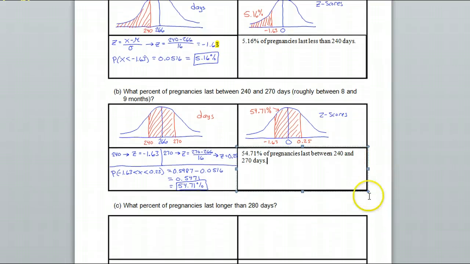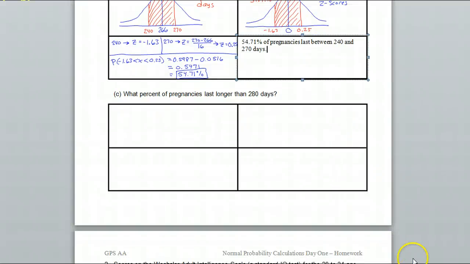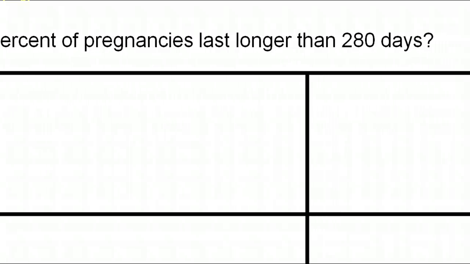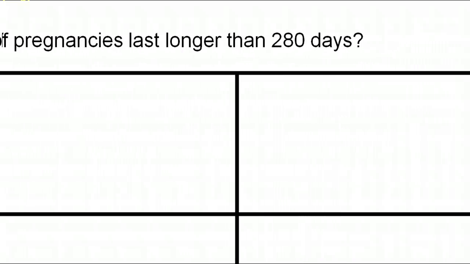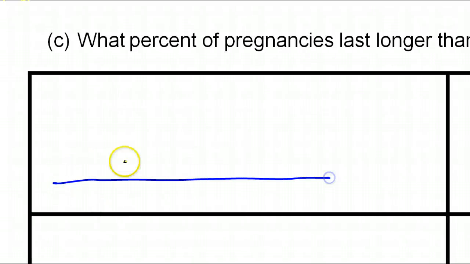Okay, let's do that a couple more times. All right, I'm going to start doing it a little faster now that I've done 2 examples already. Okay, what percent of pregnancies last longer than 280 days? Okay, so here we go again. We draw our curve.